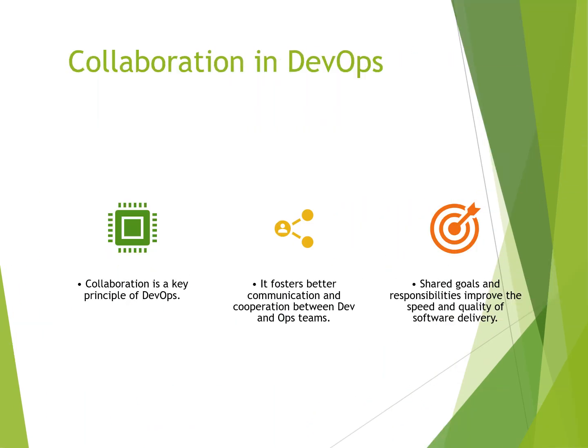Also, as mentioned before, collaboration is at the very heart of DevOps. Traditionally, development and operations teams used to work in silos, and this used to lead to a lot of delays and miscommunication, a lot of blame game. DevOps fosters a culture where both teams work together more closely.